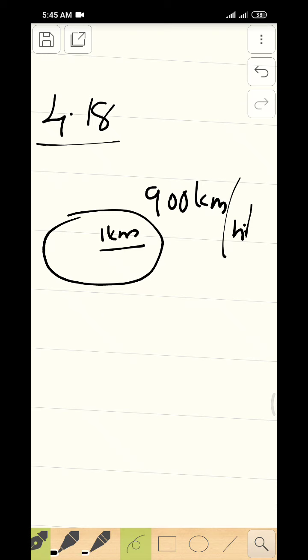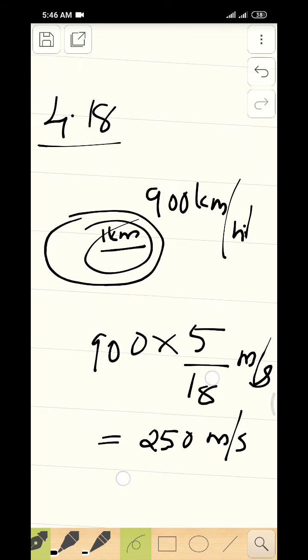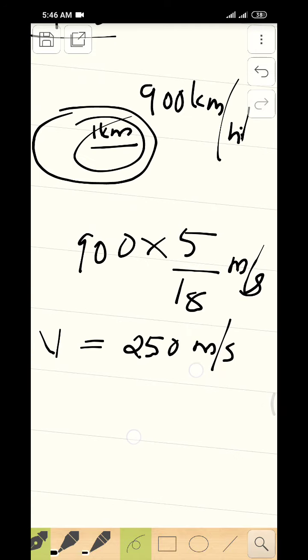First of all, you have to convert the values into meter per second and meters, where 900 km per hour is equal to 900 into 5 by 18 meter per second, which is 250 meter per second, and the radius r is 1000 meters.